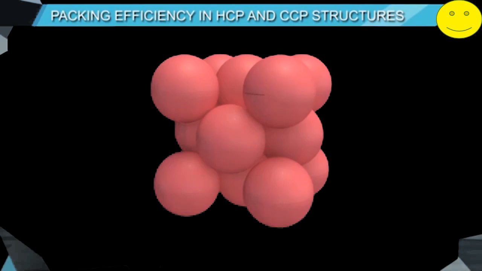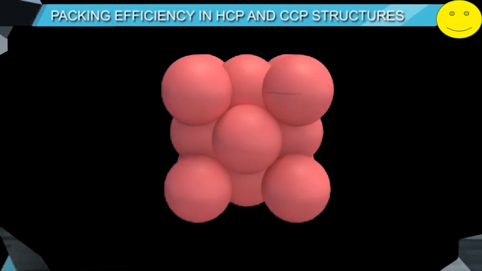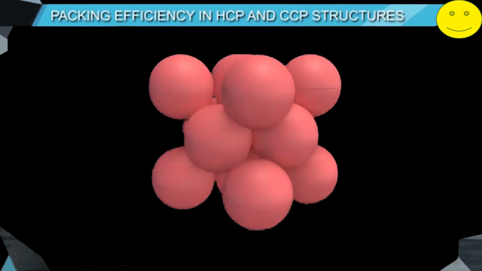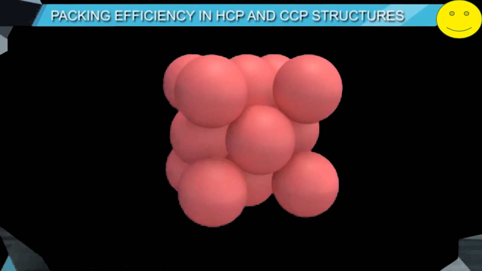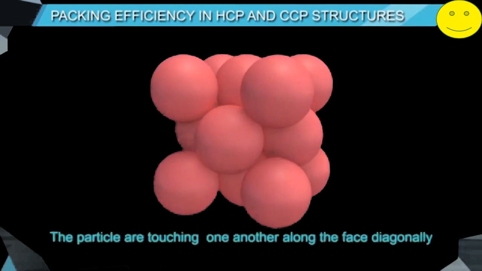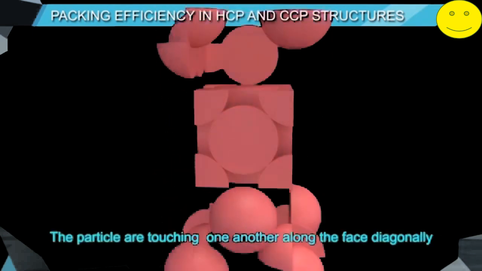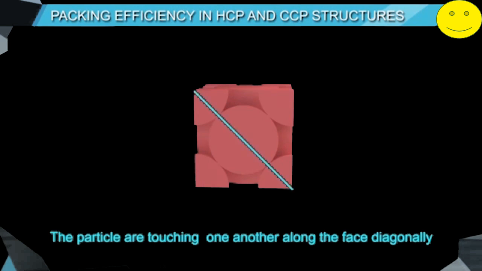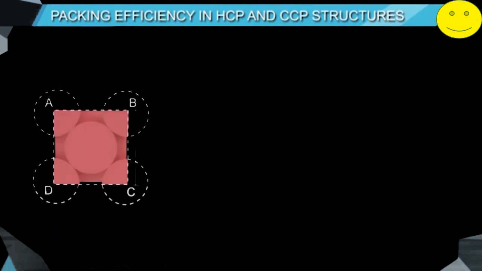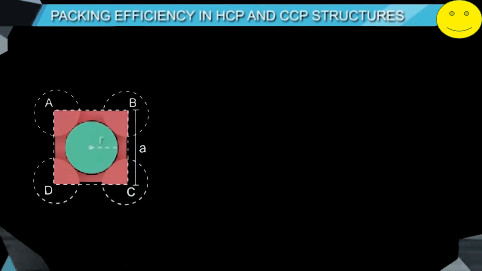The vacant space available in simple cube, that is equal to 100 minus 52.4, that is equal to 47.6%. It means in simple cube lattice only 52.4% part is covered by the unit cell.